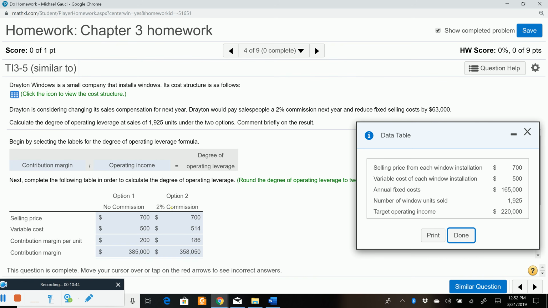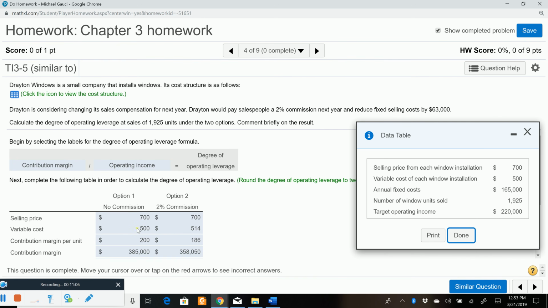But if we give out a 2% commission, what is 2% of $700? 2% of 700 is $14. So we're going to add a $14 commission as part of our variable cost. So our variable cost is no longer $500 per unit, it's now $514.